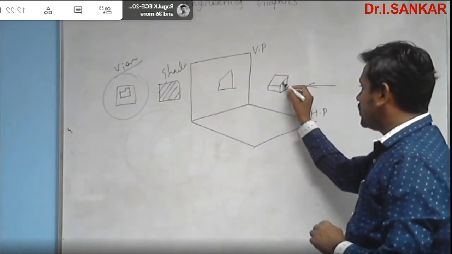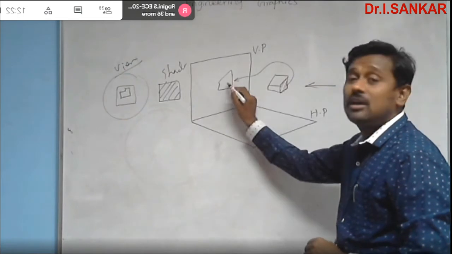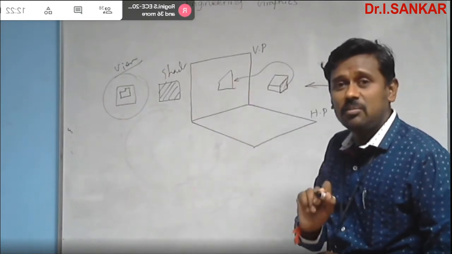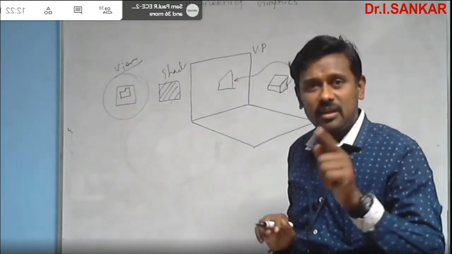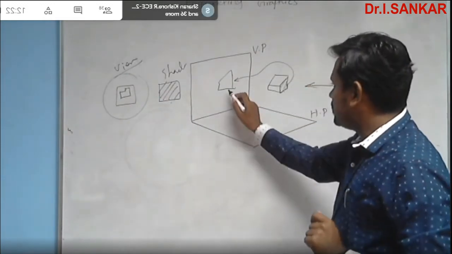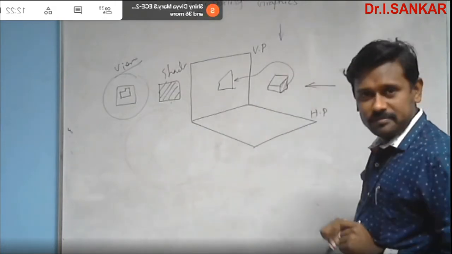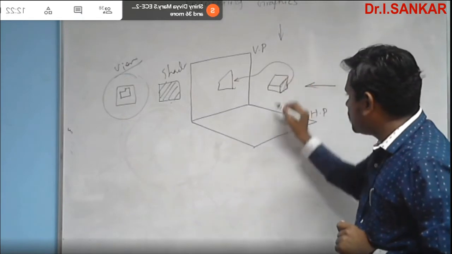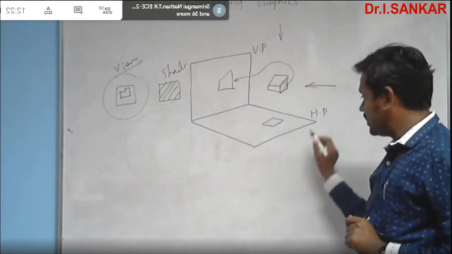What you are seeing here will appear there also. This is the difference between getting a shadow and getting a view. Here we are going to get the view only, not the shadow. In the same way you can project the object from the top. If you project the object from the top, you will get the view here in the horizontal plane.